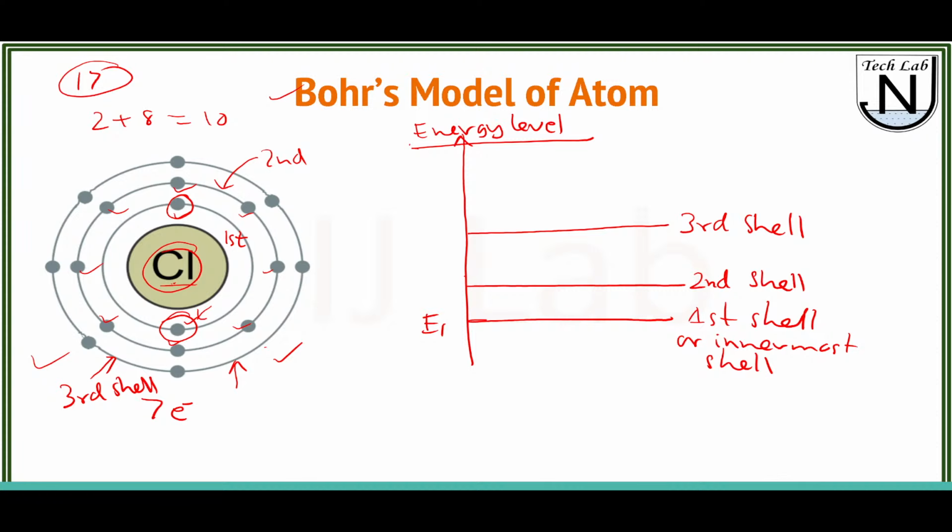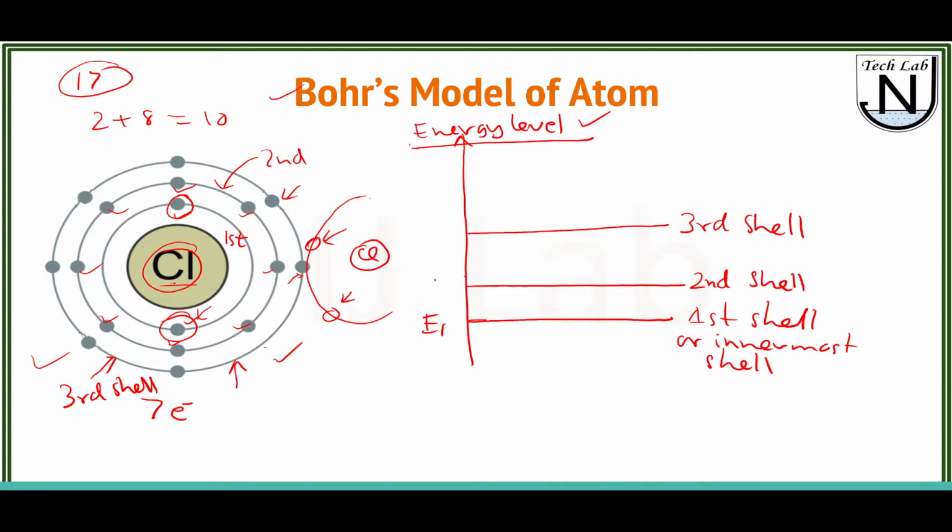But in a particular crystal, if we have a large number of atoms that interact with each other, suppose I have one more chlorine atom, and the outermost shell of this chlorine is over here. Now the electrons of the second chlorine atom are going to interact with these electrons, which means the electrons of different atoms interact with each other, due to which these energy levels change.